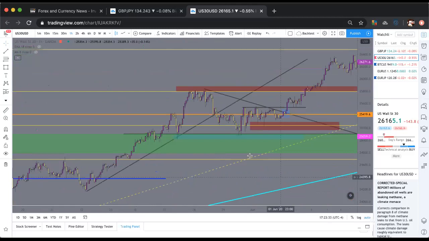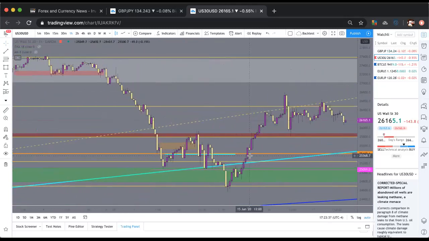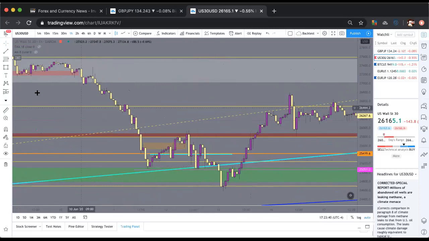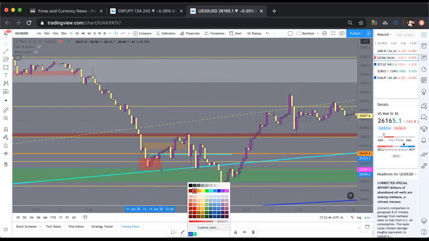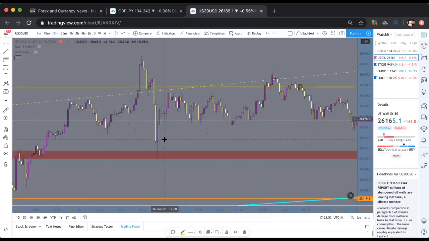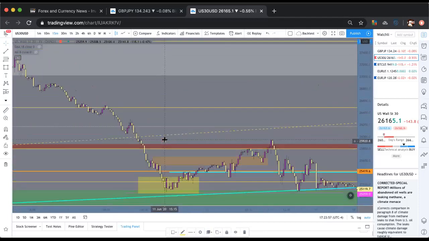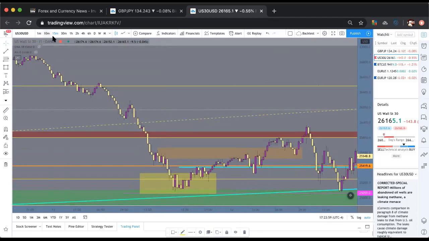Let me get closer so that way. All right, so for instance, support right here. This was the lower high point right here that was broken.